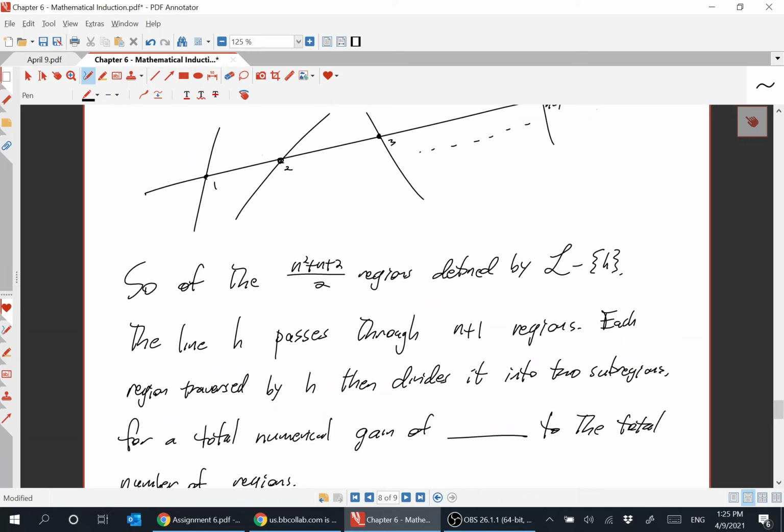So each single region gets cut into 2 regions. The big region is replaced by 2 smaller regions, thus increasing the number of regions by not 2, but just 1. I have a region, and I cut it into 2 smaller regions. So the gain in the number of regions is 1, not 2, right?